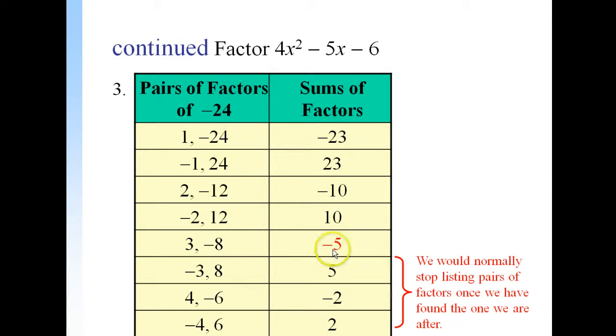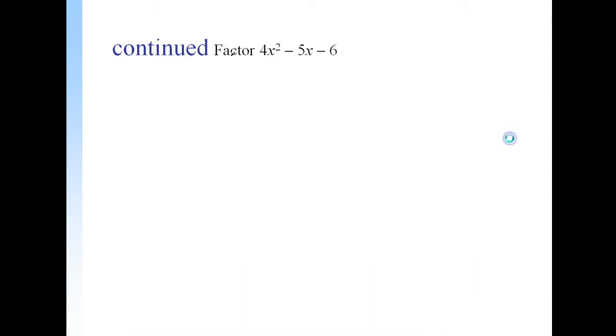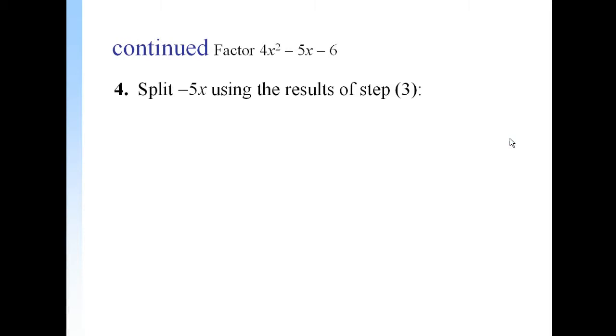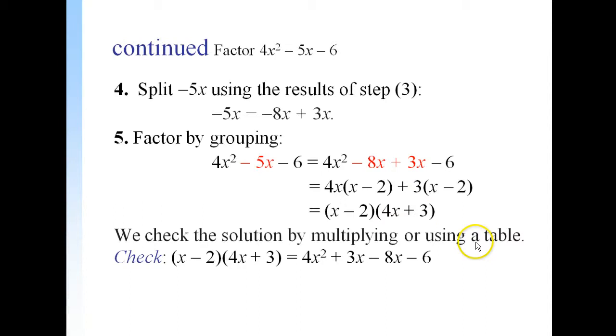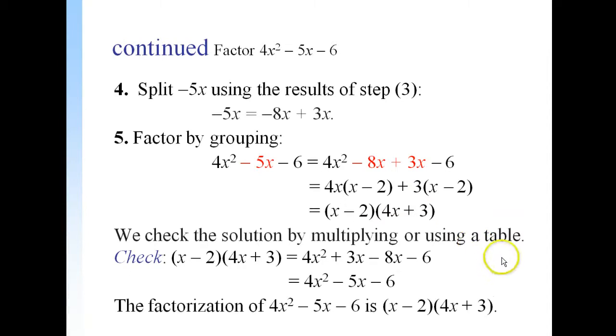Now, once you get to an answer, of course, that's where you stop, and we do some of that mentally. And there we end up with what we had. Now notice they're putting this common factor out front. I tend to put it over here, but it's the same. And you check it by foiling, and it works out.